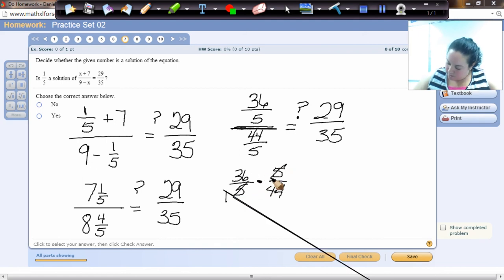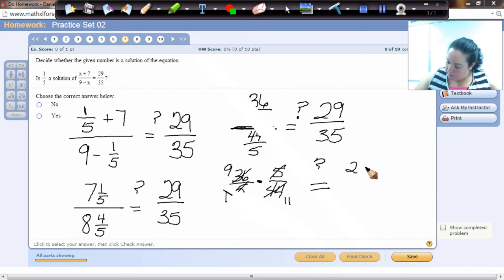Reduce it. Erase this random line. Okay. And then reduce this. 4 goes into 36 9 times. 4 goes into 44 11 times. And again, we want to know, is this equal to 29 over 35?